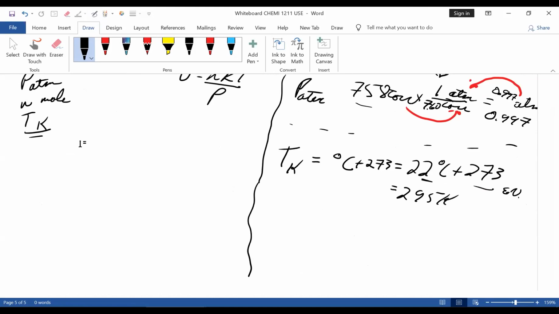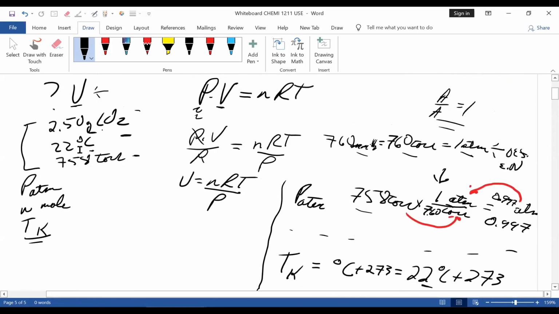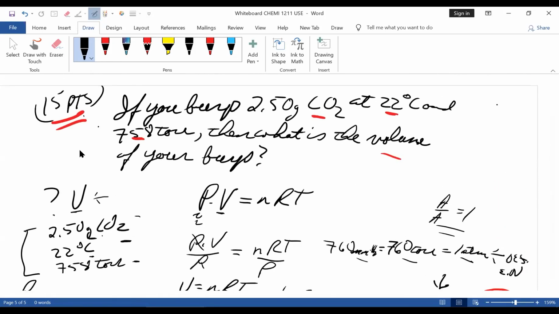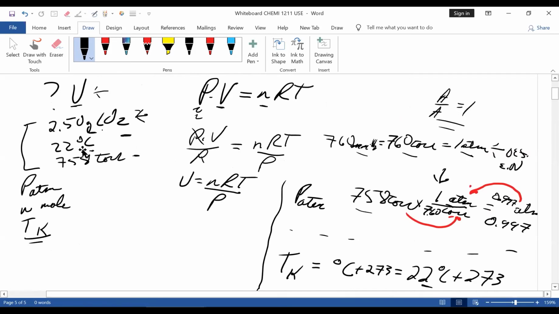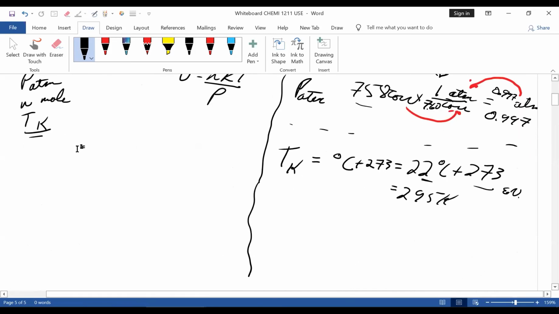The last thing we have to do is find n. N is moles. But oh no, Dr. White was cruel. He gave us grams. Why? Because I've never seen a balance in moles. If you know of one, let me know. They don't exist.